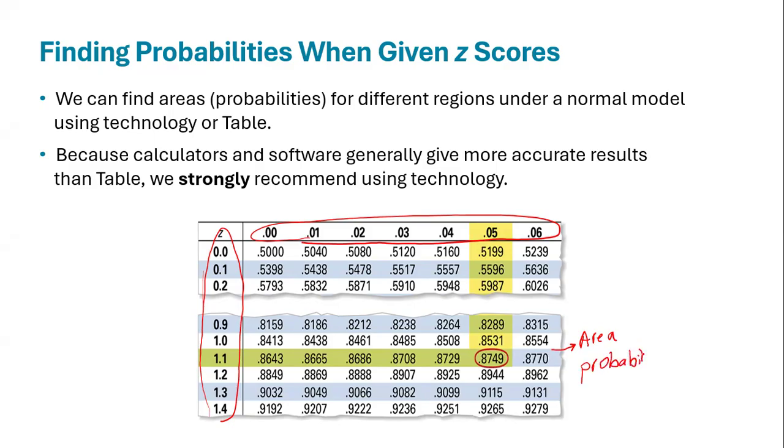So if you are trying to find a probability, you need to find the z-score and then look at the body to find the probability for that specific z value. This highlighted z value, as you see, is 1.1 plus 0.05, which is 1.15. So if the z value is 1.15, the probability or the area under the curve is this value.